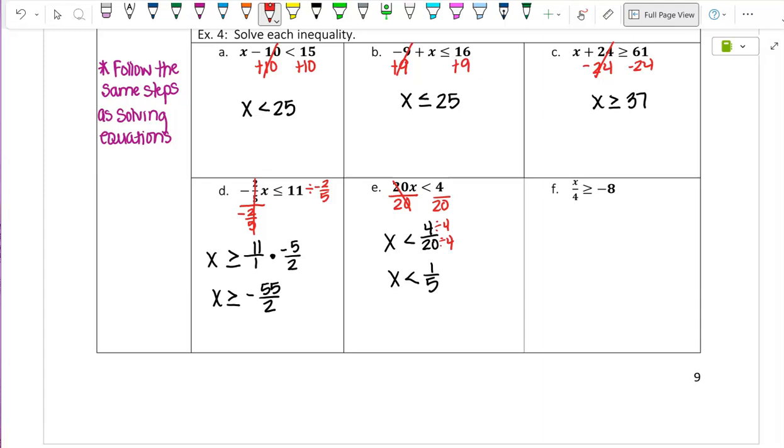If I have x divided by 4, we multiply both sides by 4 to undo the division. So x is greater than or equal to negative 32. Again, we do not reverse the inequality symbol because the negative was with the 8. That's not what we multiplied or divided both sides by. We multiplied by a positive 4, so we do not reverse the inequality symbol there.